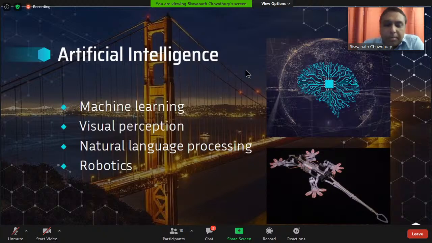You can use it for recognizing objects from a camera, or natural language processing, which can be used to help translate between different languages. And robotics, of course, where you can use artificial intelligence to have robots do some of the repetitive and dangerous work.